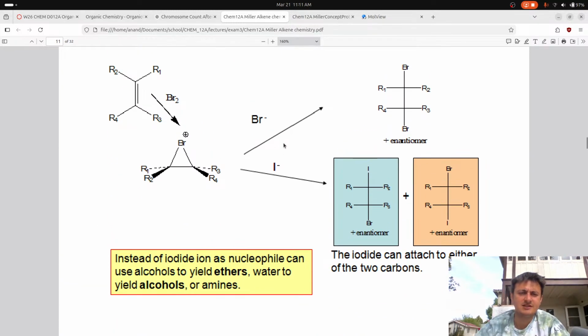I didn't really get this slide. So what's going on here is we have an alkene, we add molecular bromine, we form the bromonium ion.